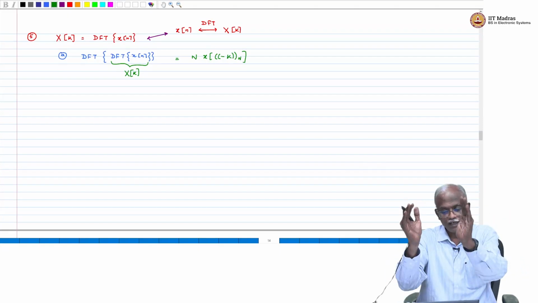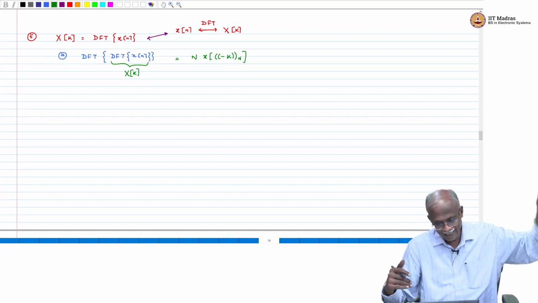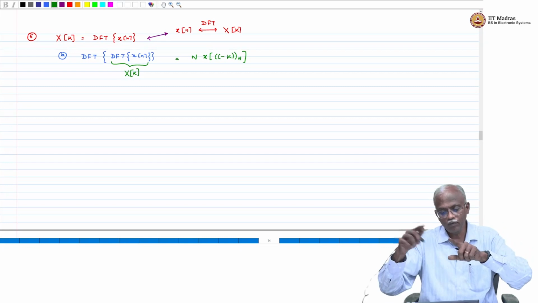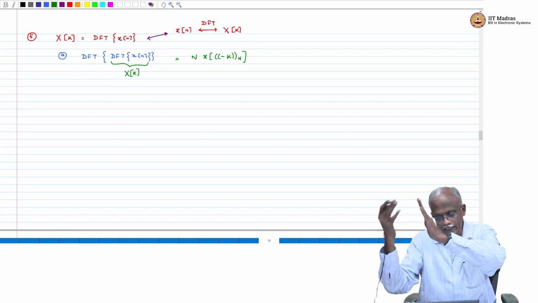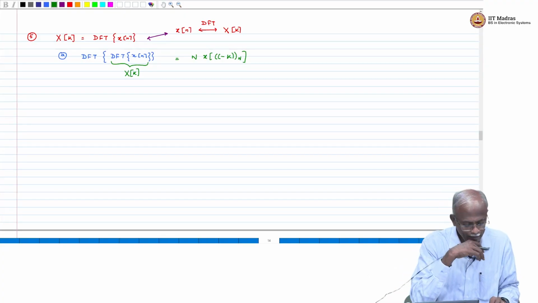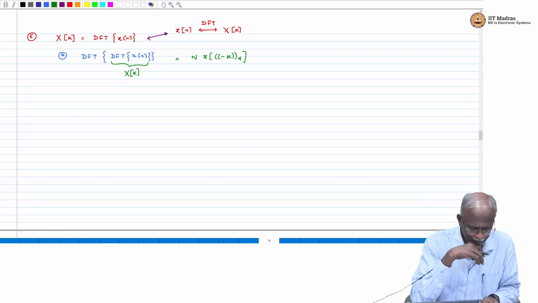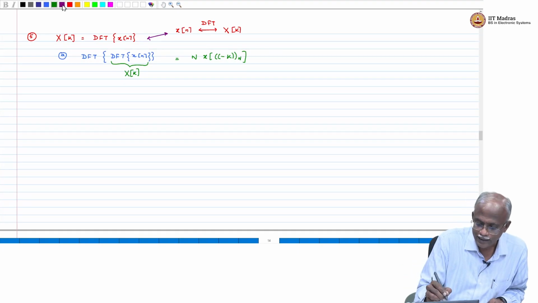The first DFT produced for you X of k, you take it a second time, then you can treat it as some sequence x1 of n, and these are the samples that we will get.